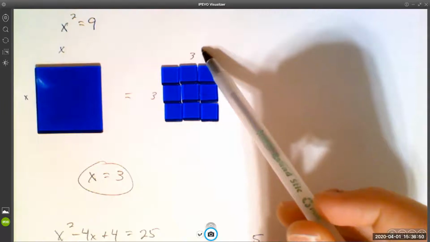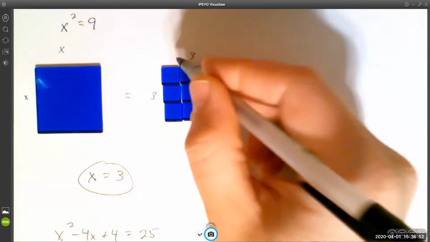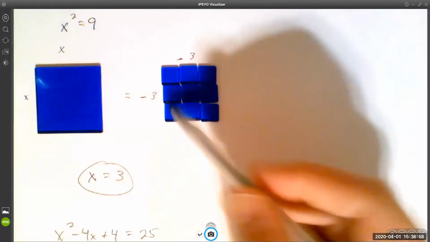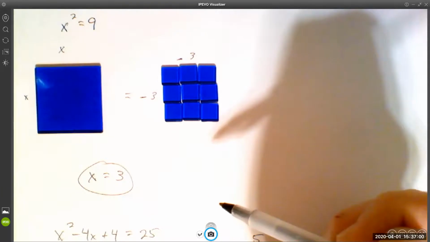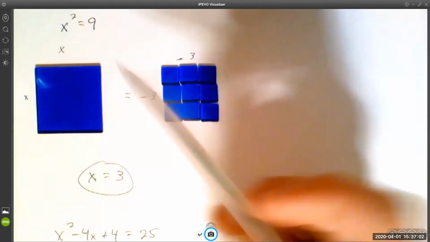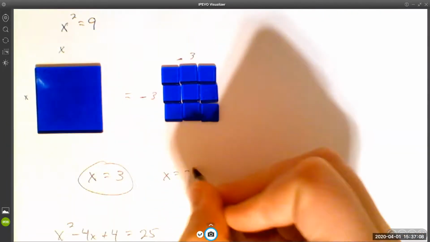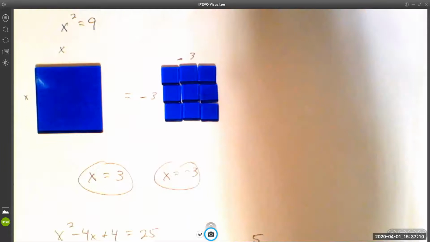But another way to do it is to have a negative times a negative, right? Negative 3 times negative 3 would also give you positive 9. So another possibility is that x equals negative 3, right? So x equals negative 3 is another possible solution.